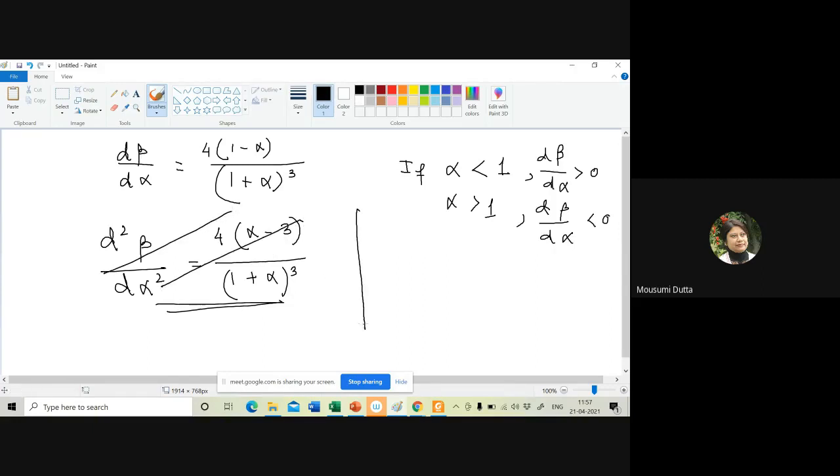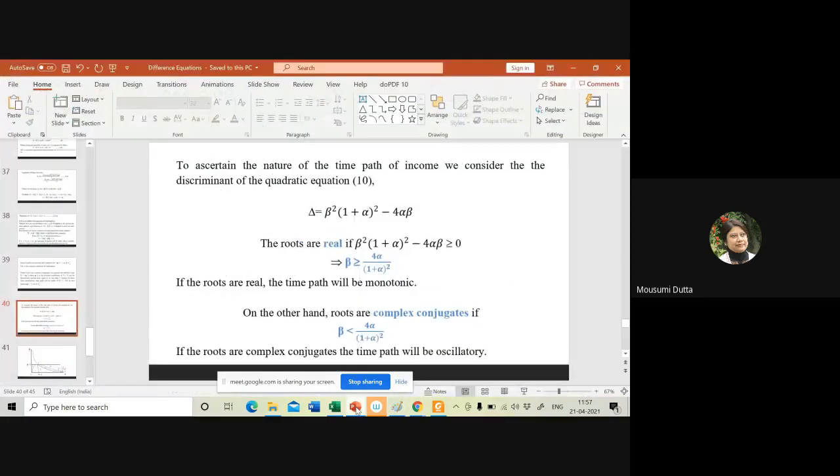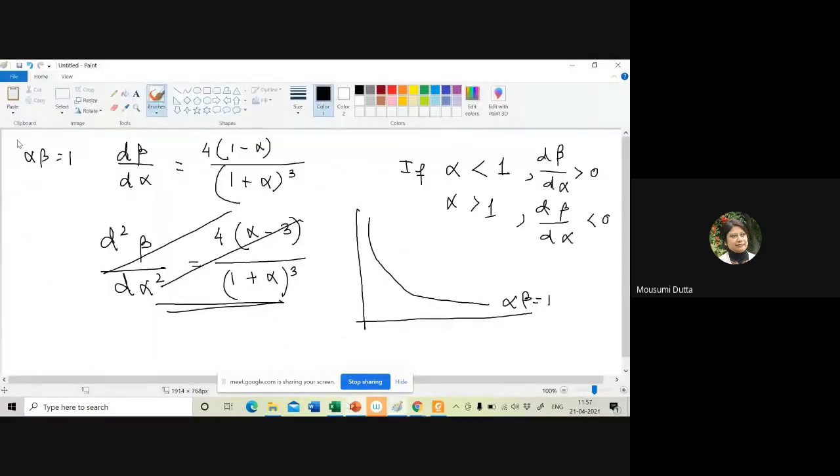What I need, I'm showing in the graph. This is the line alpha beta equal to 1, and this line, beta is equal to 4 alpha by (1 plus alpha) whole square.